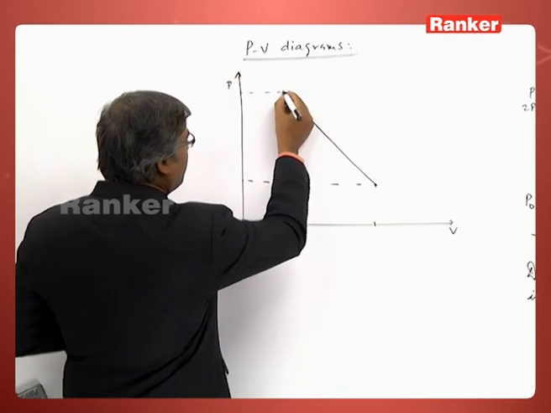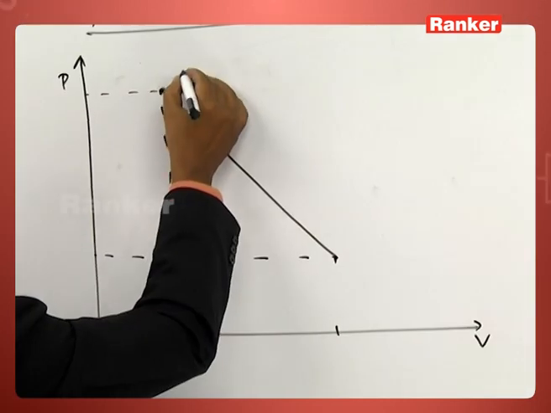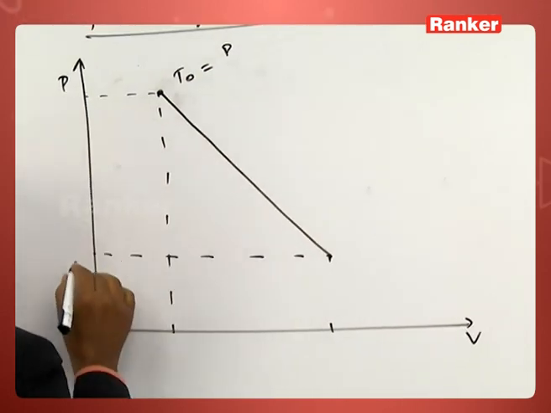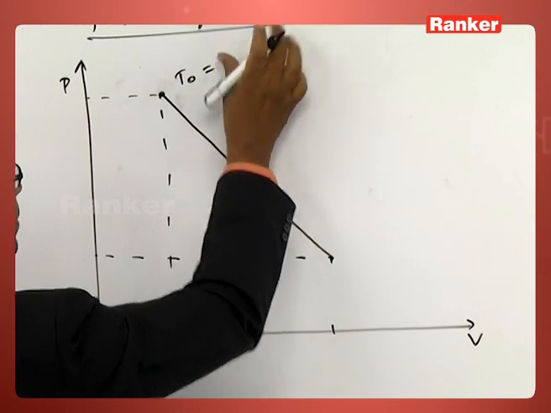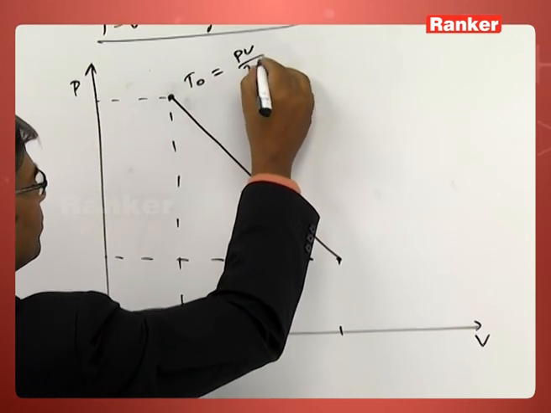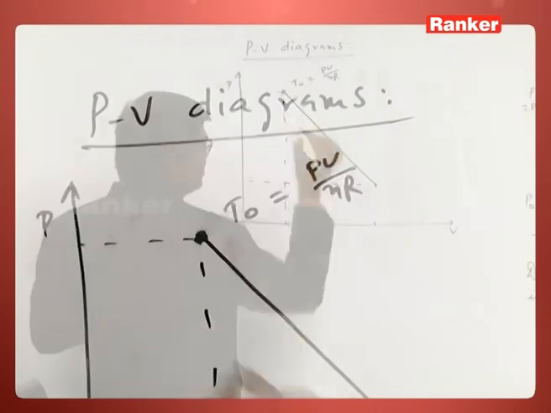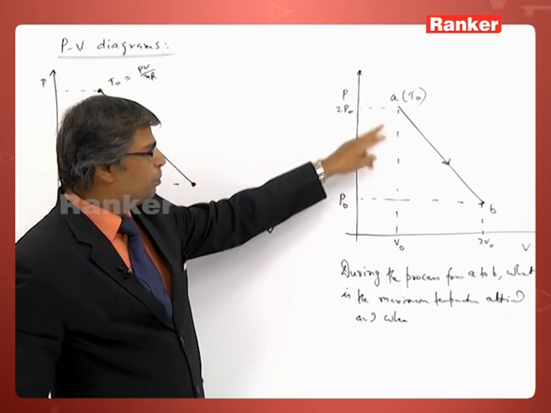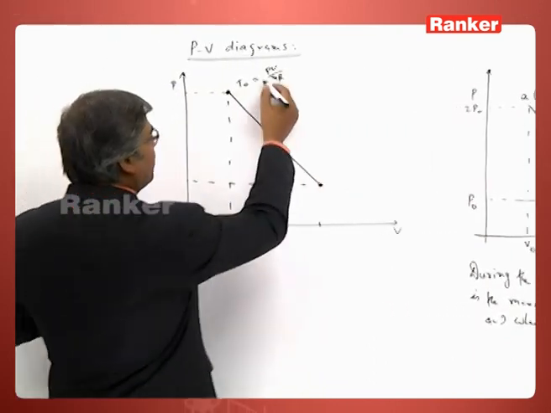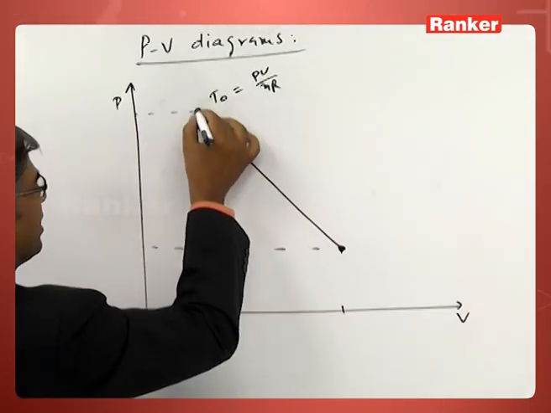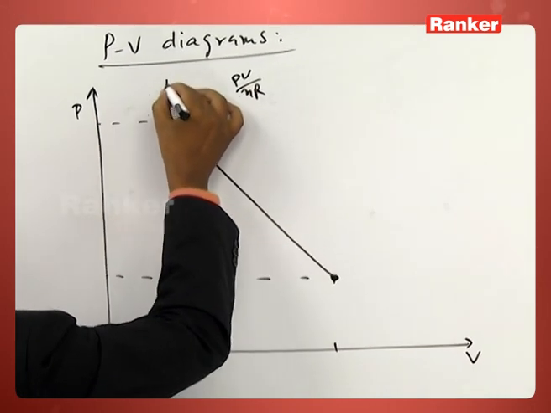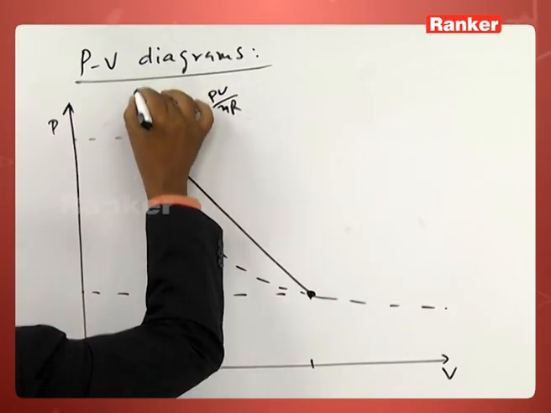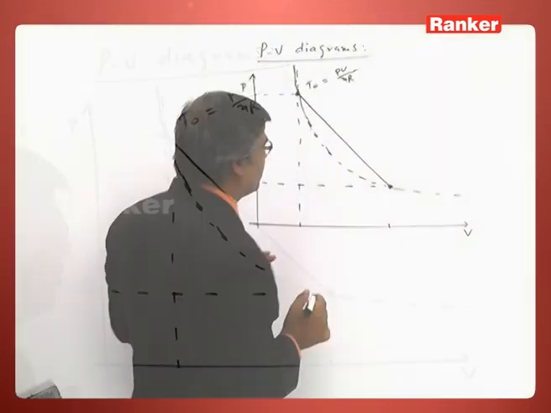Now here the temperature is given as T0, which is PV by nR. So the PV value at this place and this place is the same. Here it is 2P0V0 and here 2P0V0. So if PV is the same, the temperature is the same. So these 2 points have the same temperature, so we can say that they lie on an isotherm whose temperature is T0.